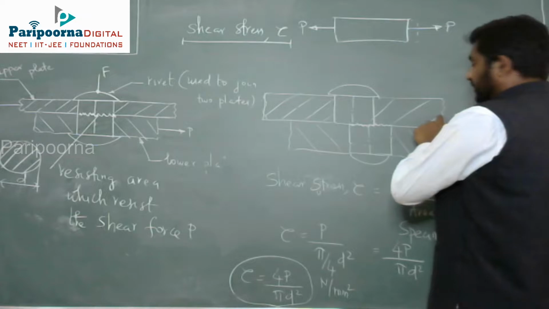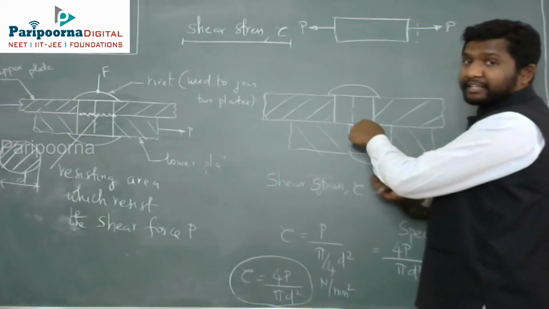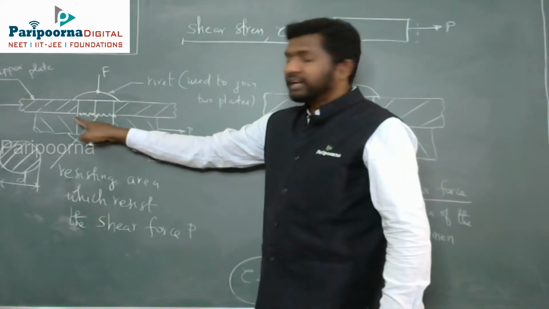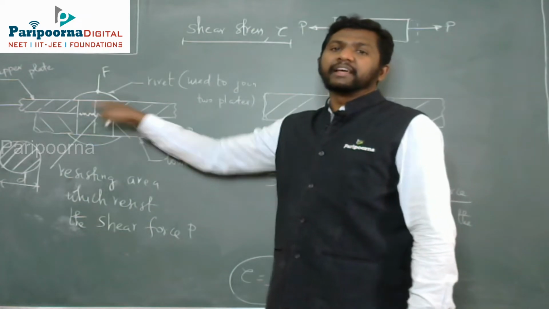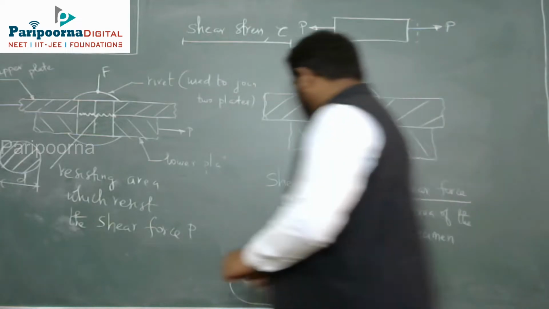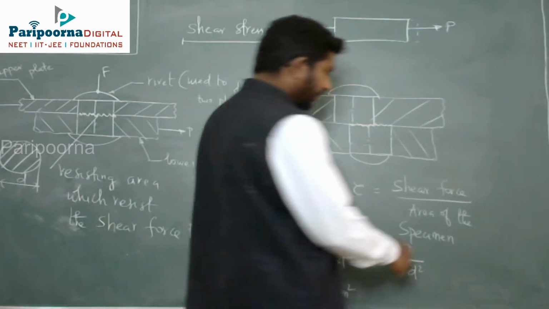Here, in the upper or lower plate, nothing will happen, because the shear force causes failure across the resisting section, which is in the rivet, so it will be sheared off like this. Now, coming to shear stress, it is shear force over the area of the specimen.